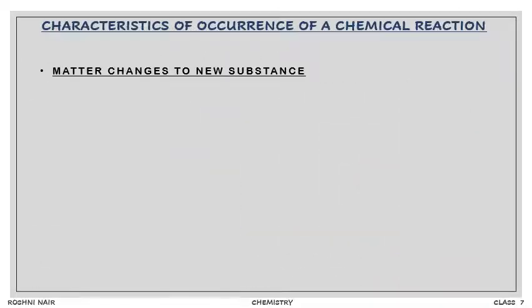In my previous video lesson, we started understanding the characteristics of occurrence of any chemical reaction. Under the characteristics, we studied that whenever a chemical reaction takes place, the matter changes into a new substance.